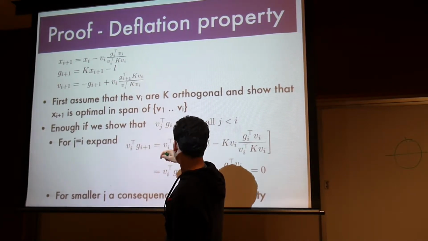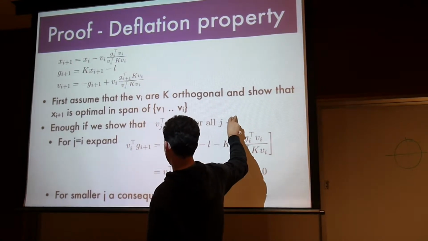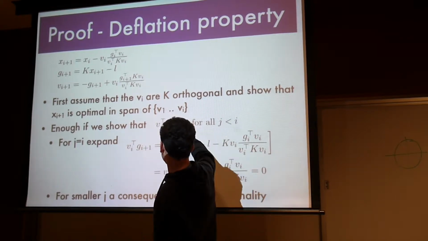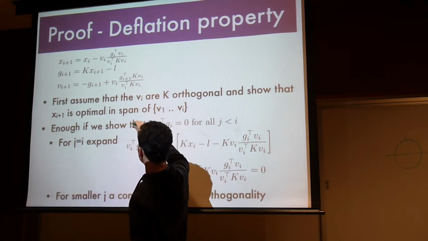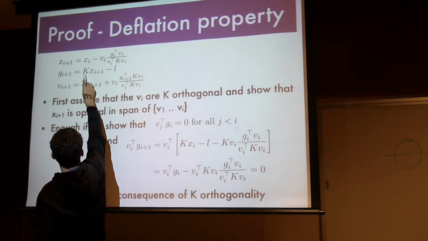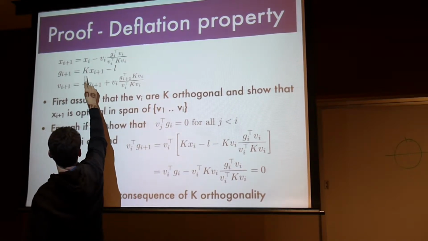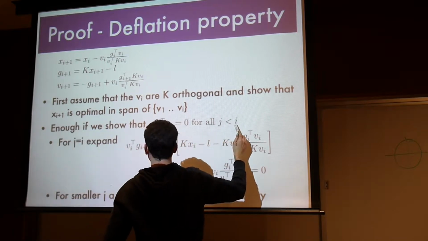That is straightforward, because this vector only got updated twice on vi. These are k-orthogonal. So whatever happened here for j less than i, it's obvious.